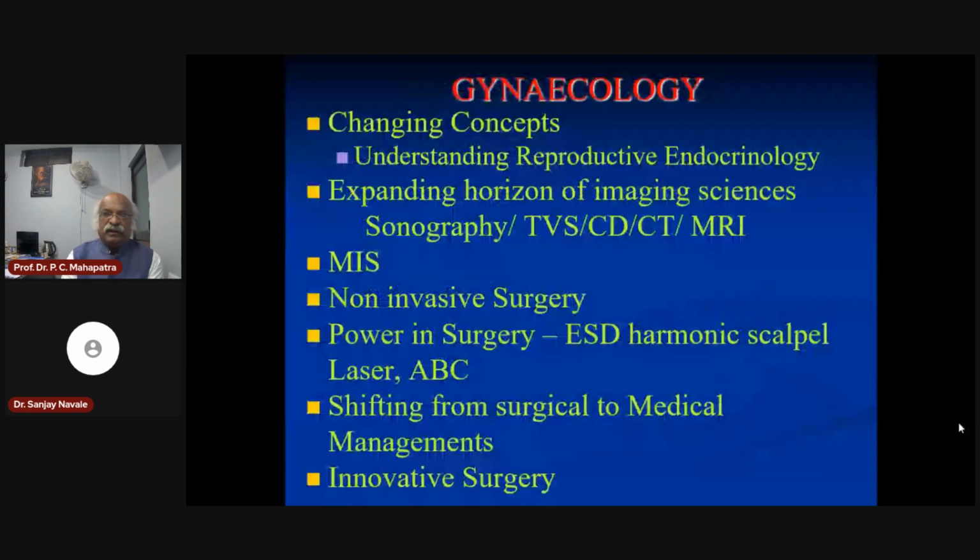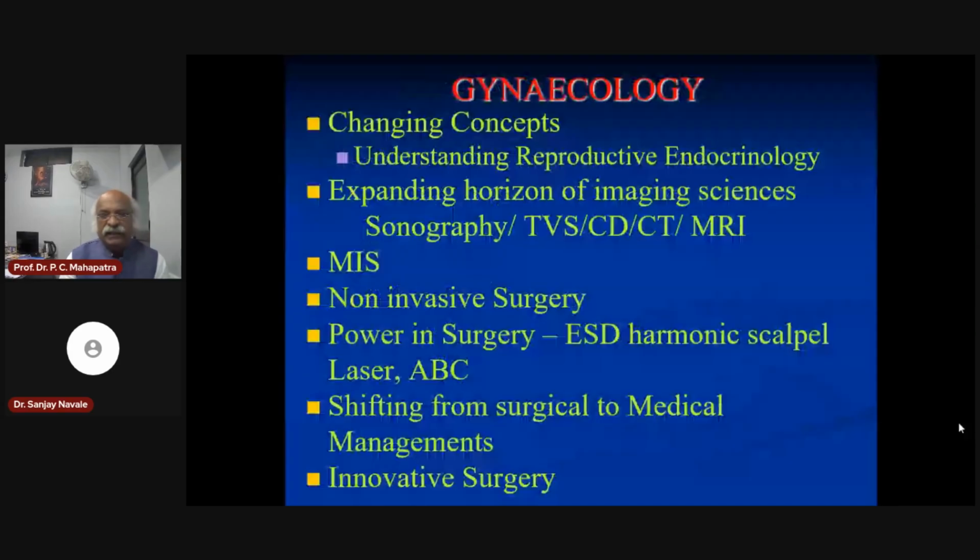Color Doppler, you see the IOTA classification, to identify malignant ovarian tumors. Color Doppler has become a very essential tool. CT and MRI have become expanding tools for lesions where the limits of the lesions are very accurately diagnosed.